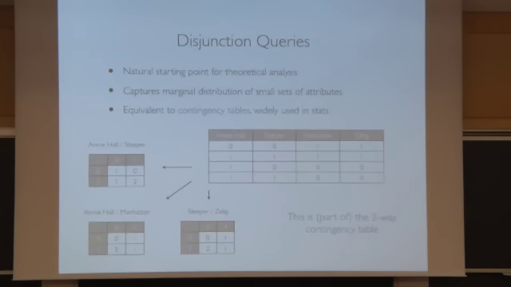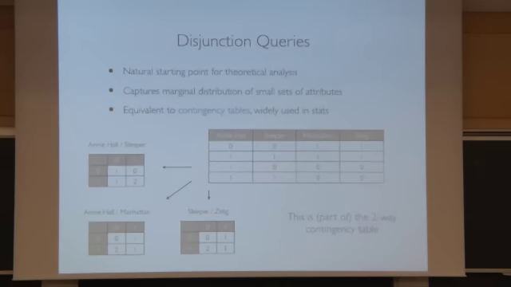All right, so why do I care about such a simple family of queries? Well, of course, disjunctions are one of the simplest models of computation, so it's a natural starting point for theory. But it turns out that these are surprisingly useful. What I'm capturing here is the marginal distribution on small subsets of attributes. Things like two-way disjunctions correspond to correlations between attributes.